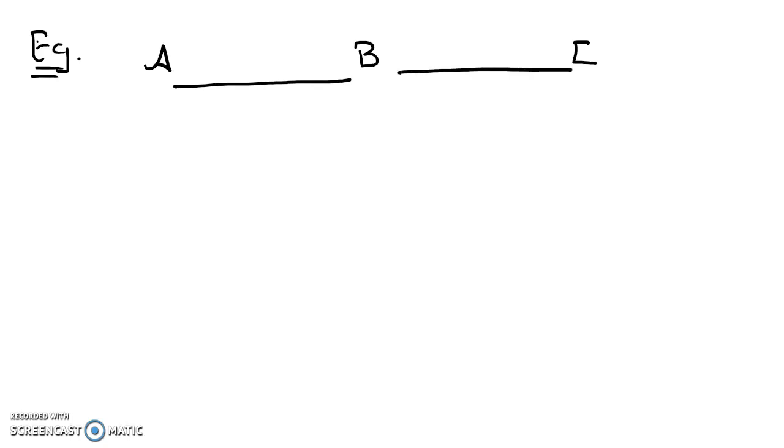Now if I change this thing, like you're going from point A to point B and from point B to point C, and you take the same time t from A to B and t from B to C. You're going with a speed of, say, a meter per second, and here b meter per second, or any unit, kmph, doesn't matter.